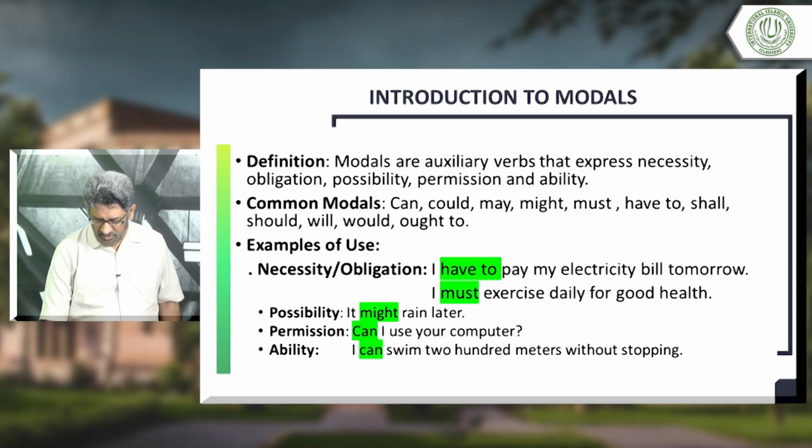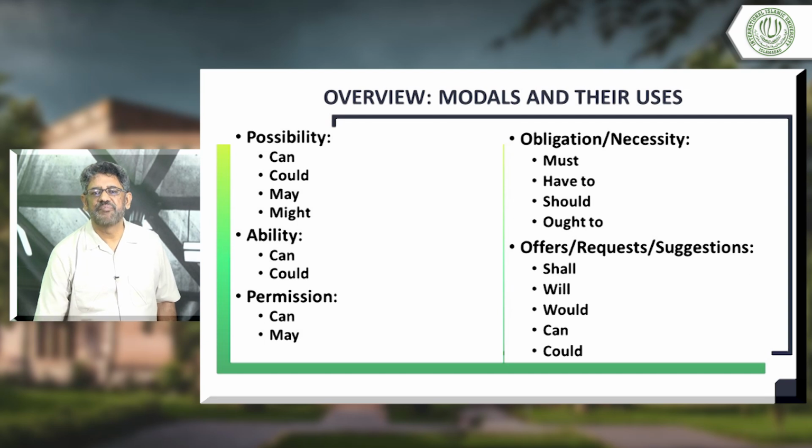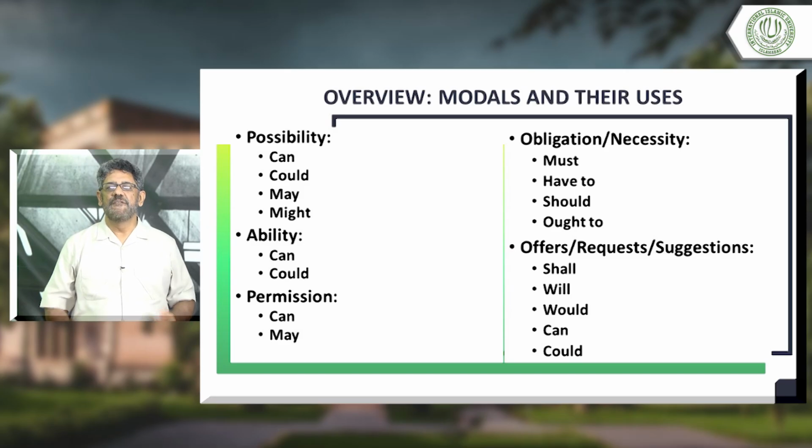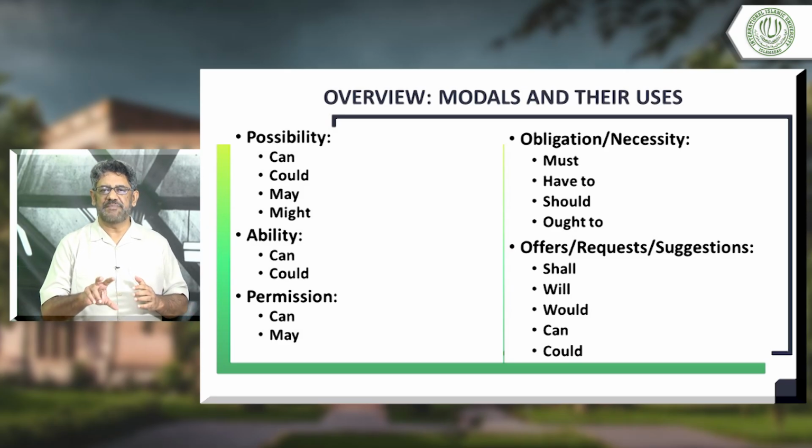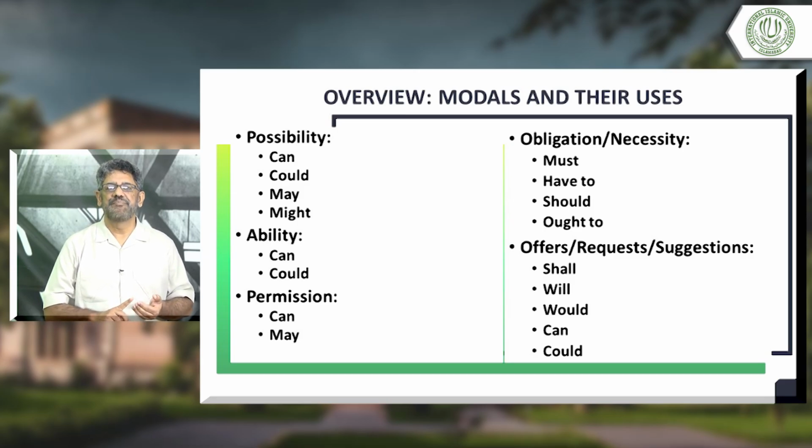Now let's go into a bit of detail. Overview: modals and their uses. Please keep the slide I'm showing you in mind. Possibility. How do we show possibility, with the help of which modal verbs? Can, could, may, might. Ability.